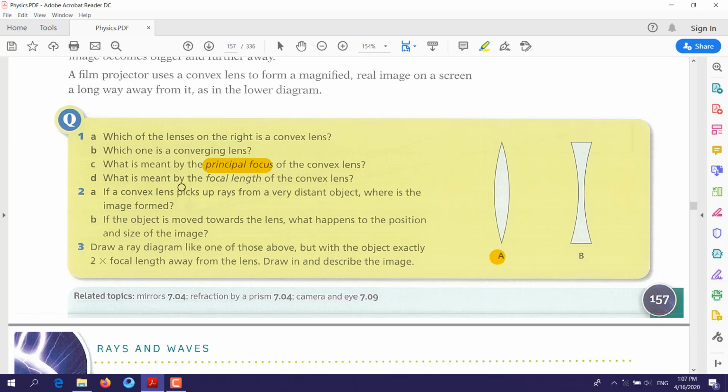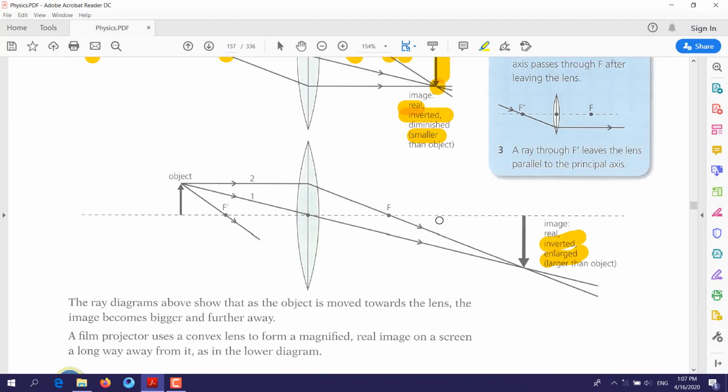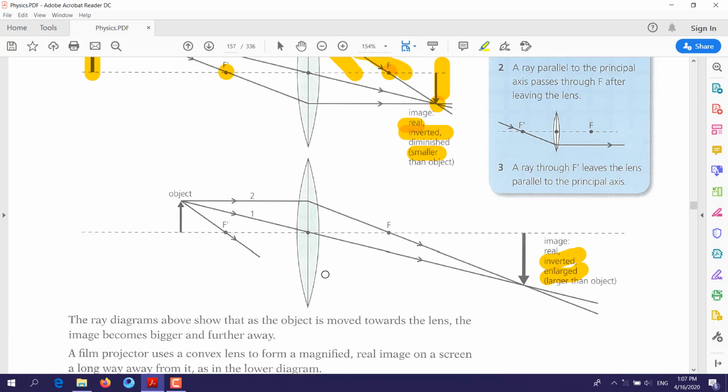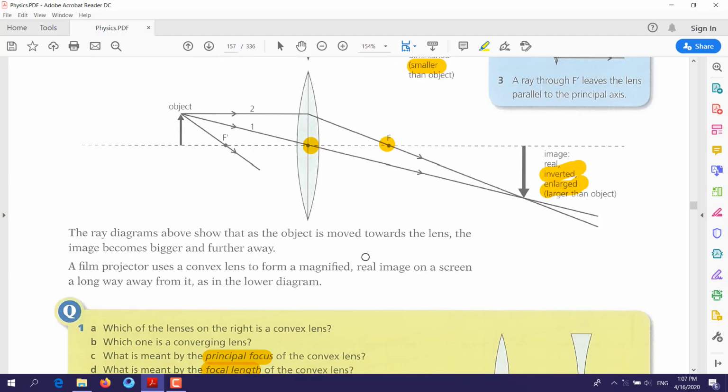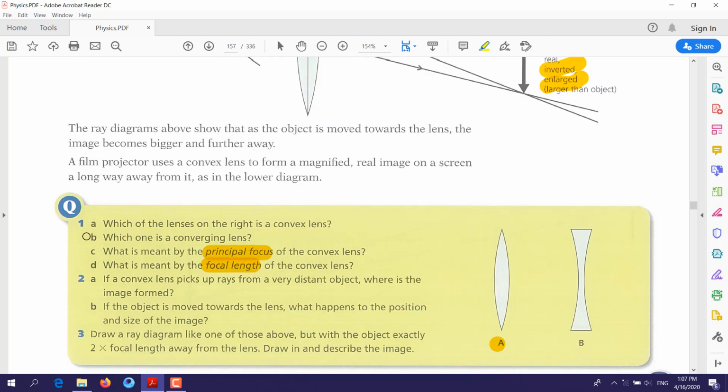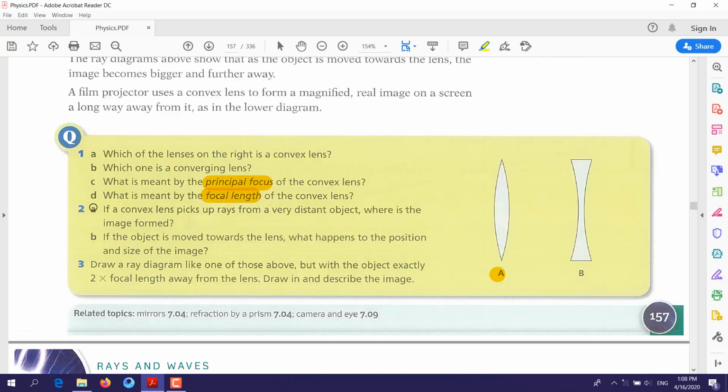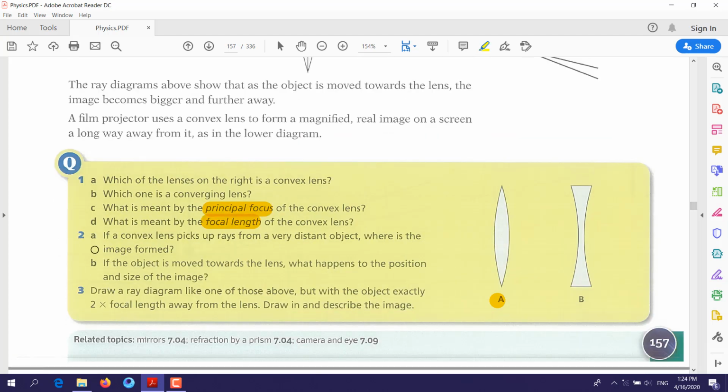What is meant by the focal length of the convex lens? Focal length, again, where is the focal length? We said it's the distance from the principal focus to the center of the lens. This distance, we call it focal length.